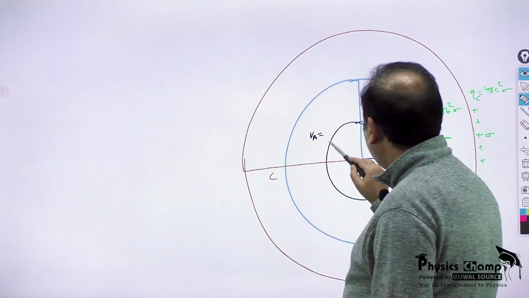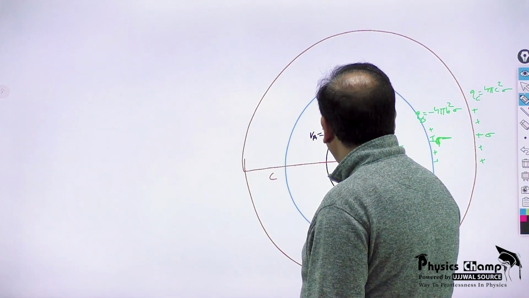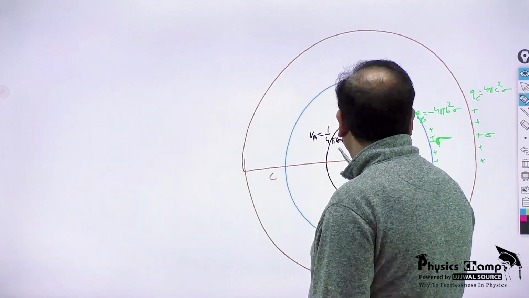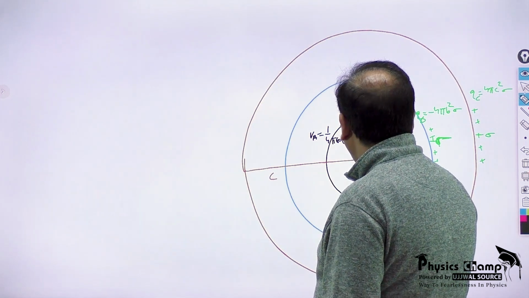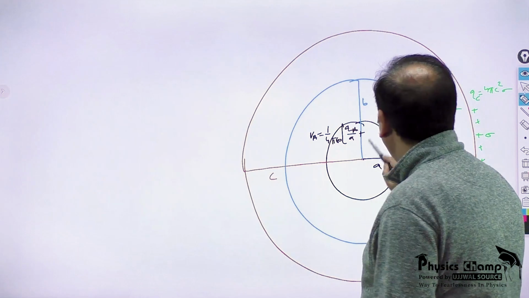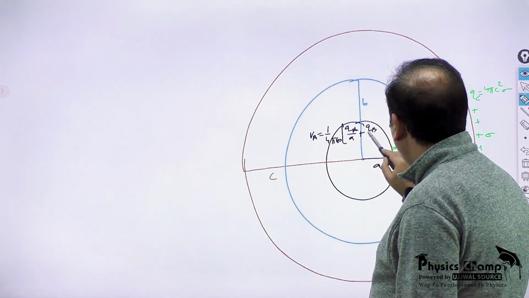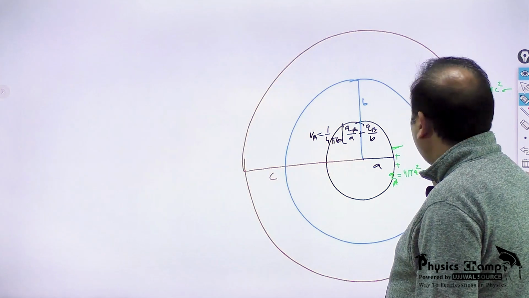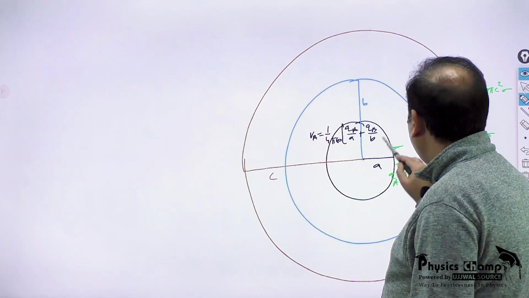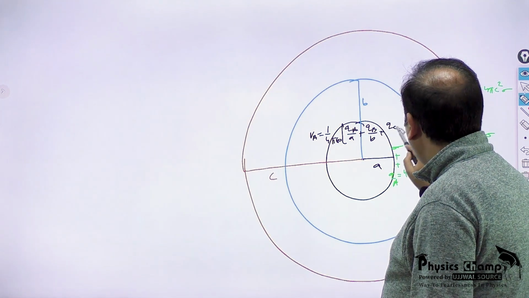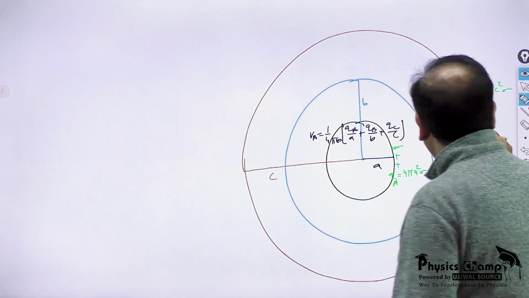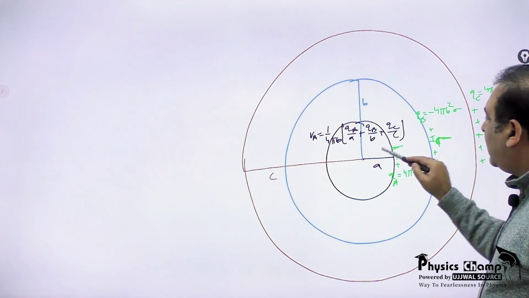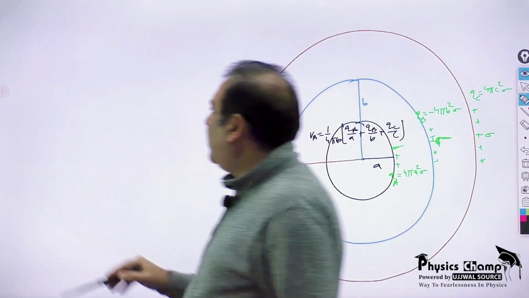So potential on A will be 1 by 4 pi epsilon naught into QA by A plus QB by B plus QC by C, because the potential due to the outer shells comes as it is.